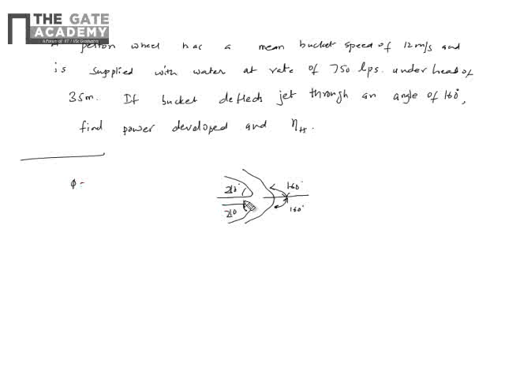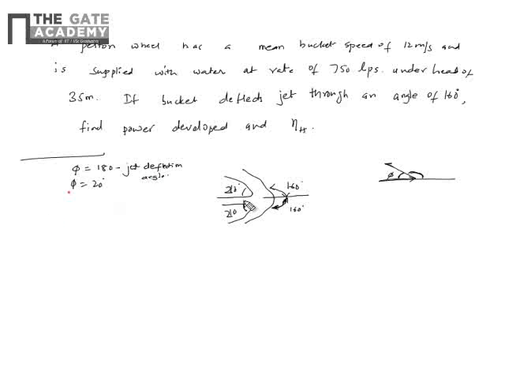In our literature, phi is 20. This jet deflection angle is how it comes in and how it goes. In our analysis we require phi, so that is 180 minus the jet deflection angle. So it is 20 degrees.